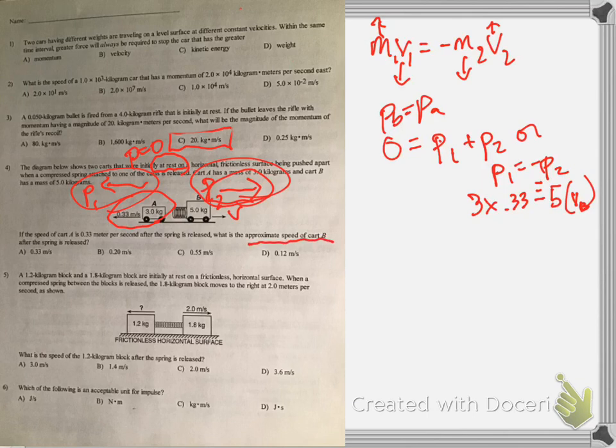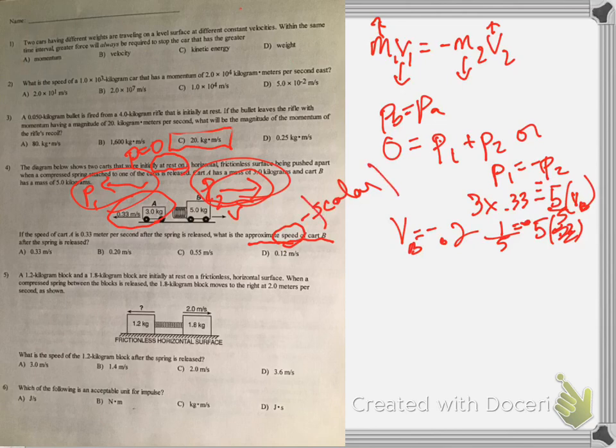The approximate speed of cart B. So 5 times VB equals this; solving for VB, you'd divide the 5 over, and VB is negative 0.2. Keep the negative sign. They're asking about speed, though, and speed is a scalar, which means we don't care about the direction, so we just take the absolute value of it. So the answer is B.